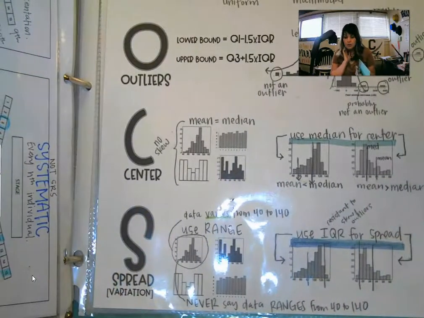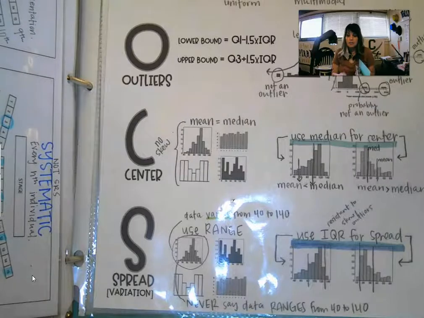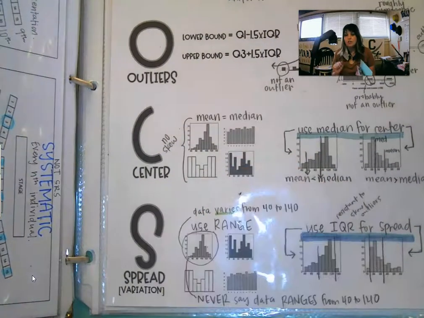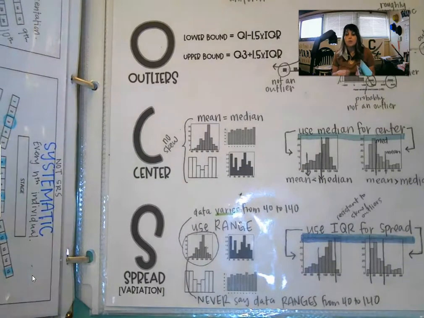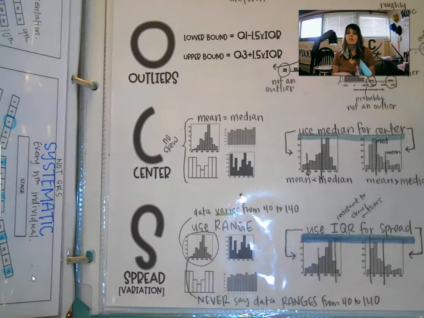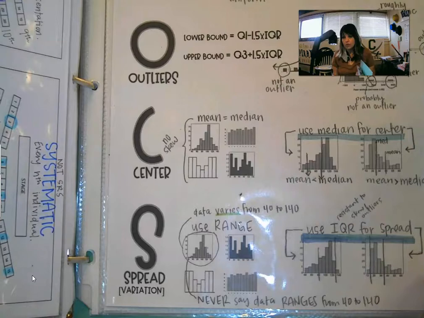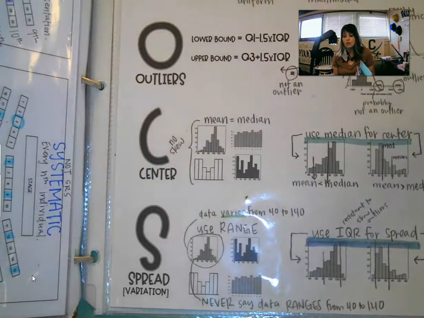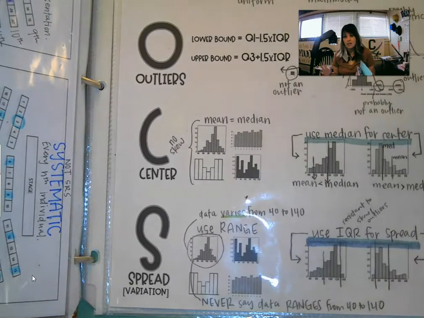So you want to make sure that you go through these sheets to remind yourself of shape, center, spread, outliers, which measures are resistant, which ones should you use if your data is nice and symmetric, and which should you use if your data is not nice and skewed.